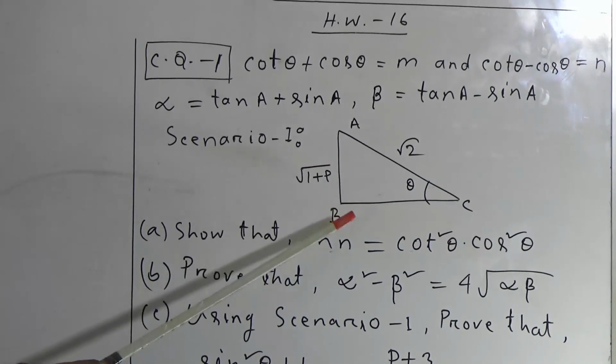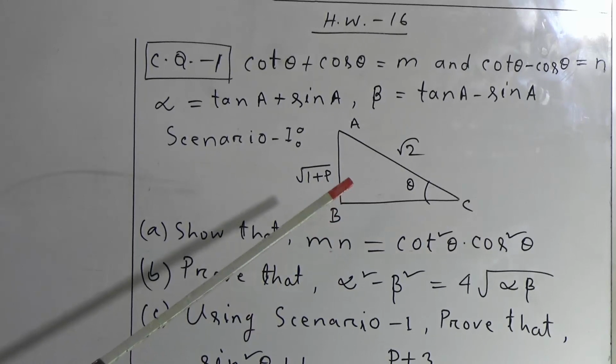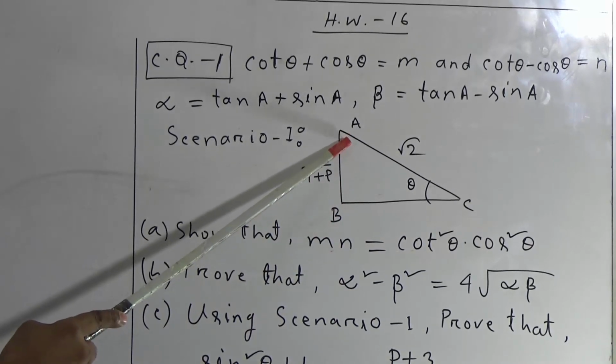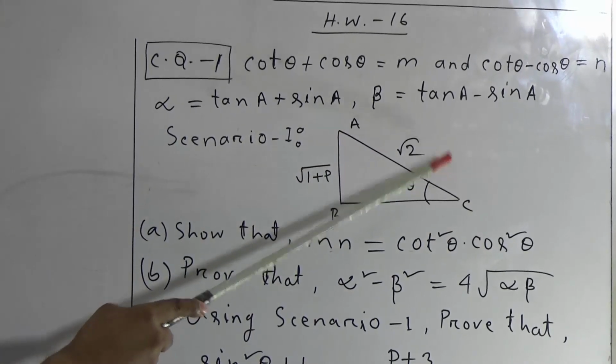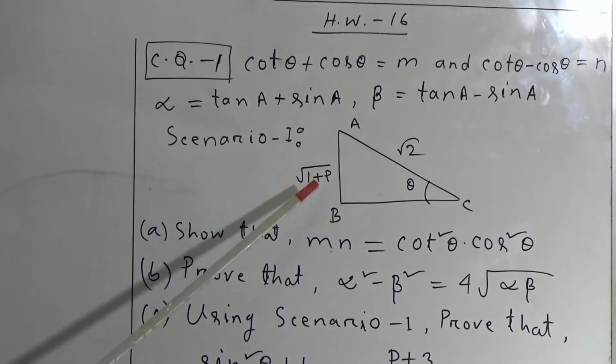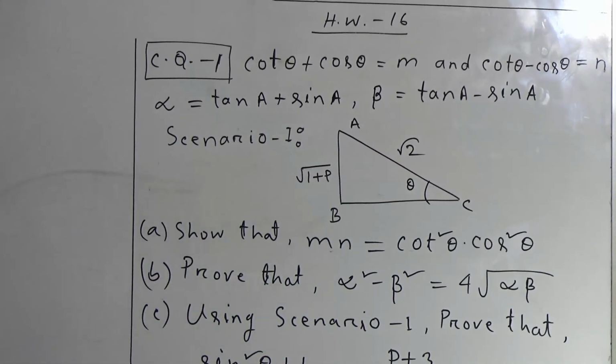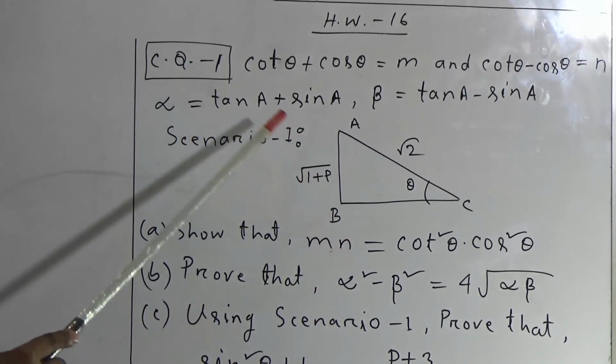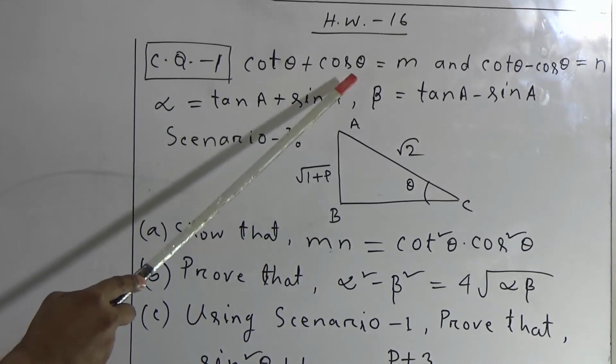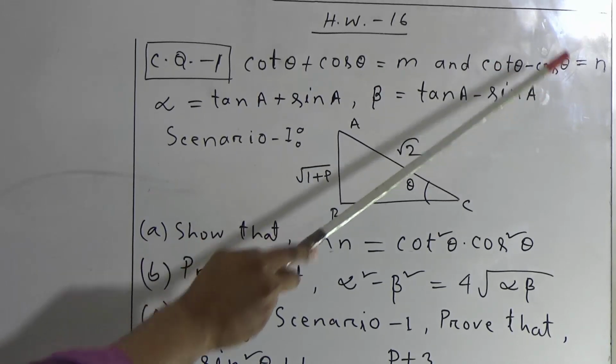Here is a right angle triangle whose hypotenuse is root over 2 and opposite side is root over 1 plus p.